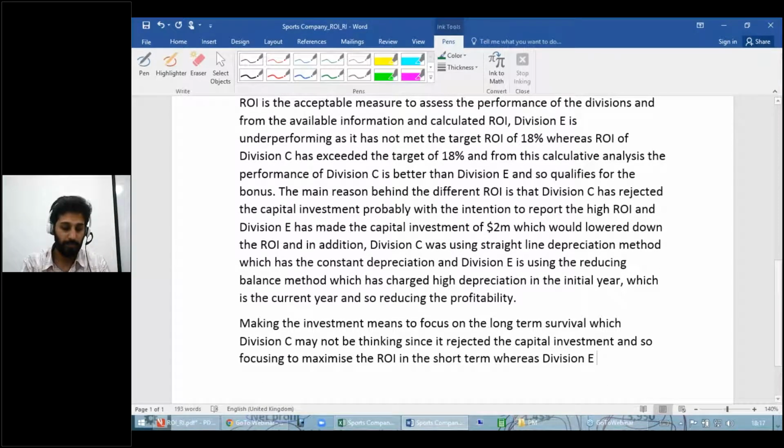Whereas division E has made the capital investment of $2 million for the long-term survival.